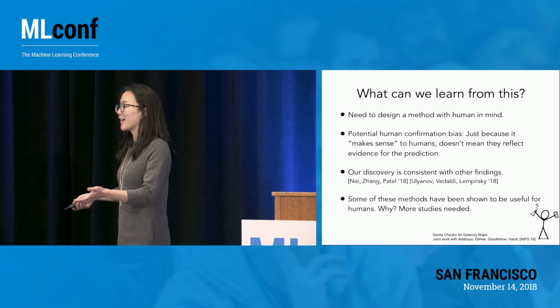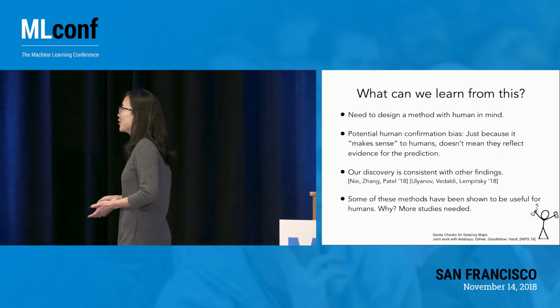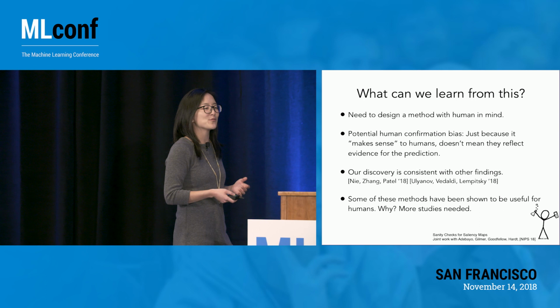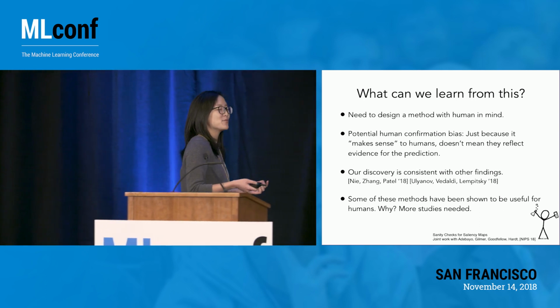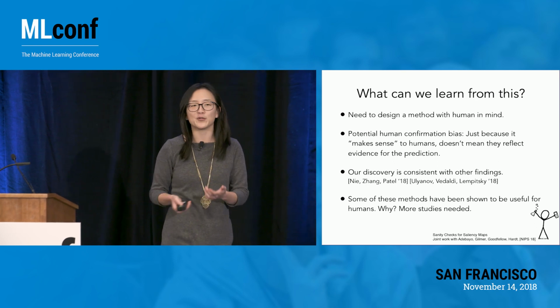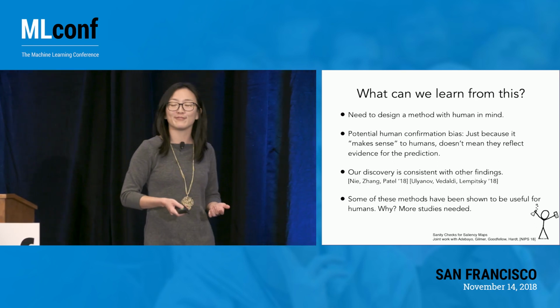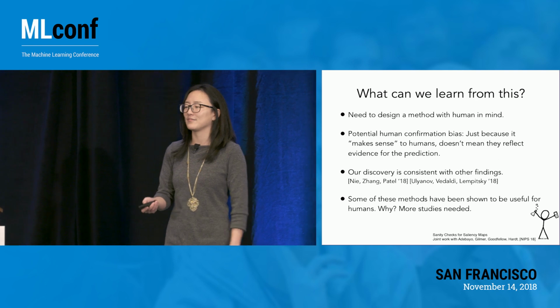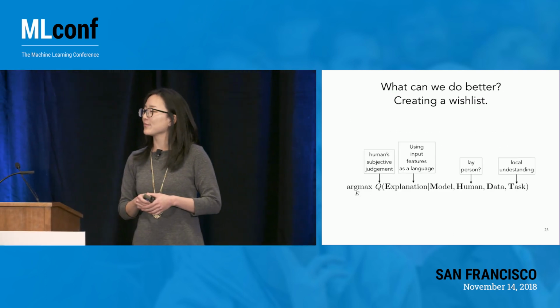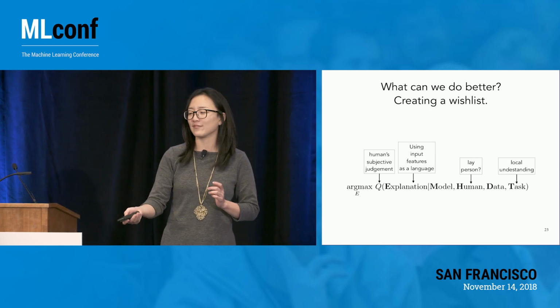And I think this is kind of interesting and good science, but the kind of science that gives you more questions than answers. Because we don't know what these maps are showing and why some papers show that this was helpful for humans to improve their decisions. So more studies are needed. What this does give us is a wish list. What would you do differently?